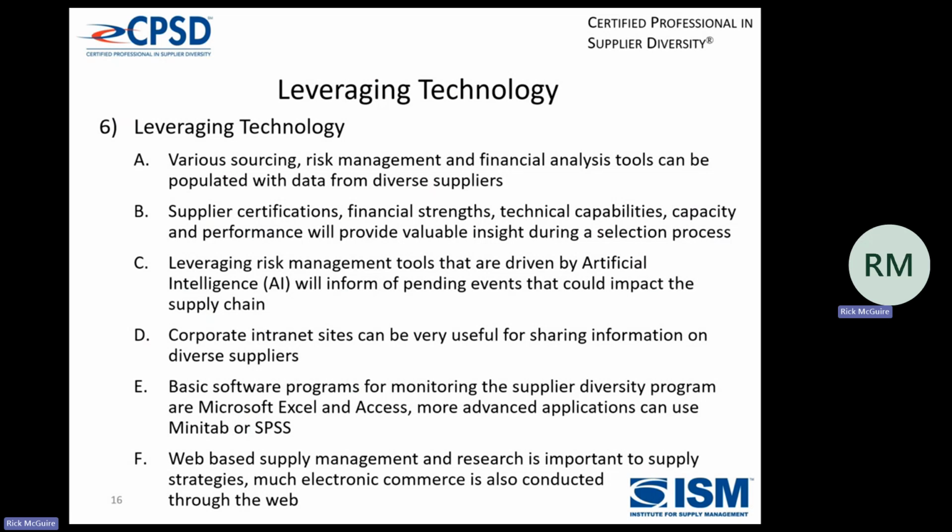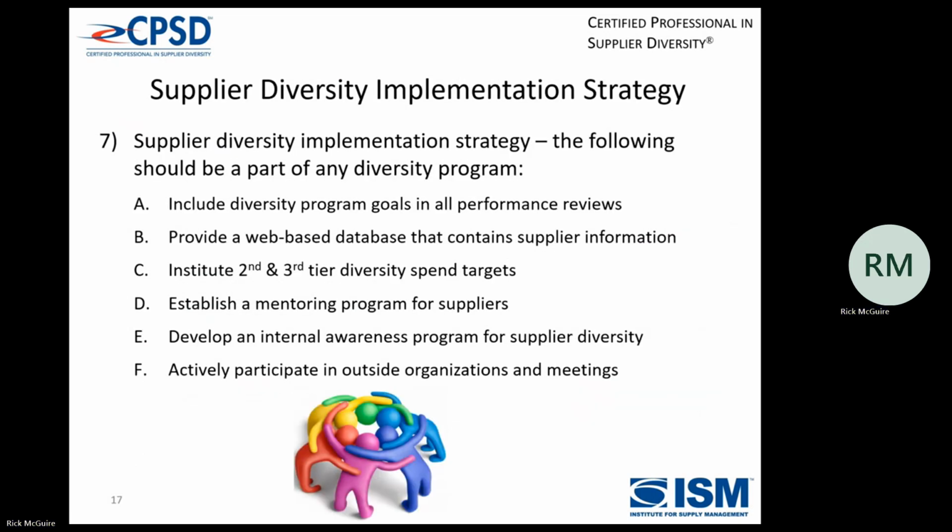Corporate internet sites can be very useful for sharing information. Basic software programs for monitoring the supplier diversity program are Excel and Access. Pretty common. More advanced applications can use Minitab and SPSS. Web-based supply management and research is important to supply strategies. Much electronic commerce is also conducted through the web.